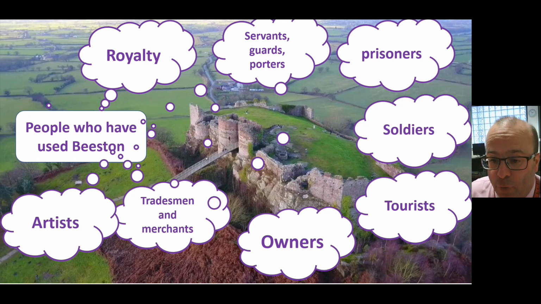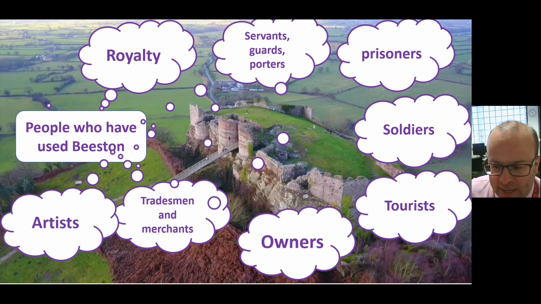But we know more recently it's been used for visitors, for tourists. People have owned it, like John Tolmarsh, Hugh Beeston. They had different reasons for owning the site. Initially, the site before Ranulph even built Beeston, tradesmen and merchants in Chester, trading in salt, based themselves at the foot of the castle by the rocky crag.